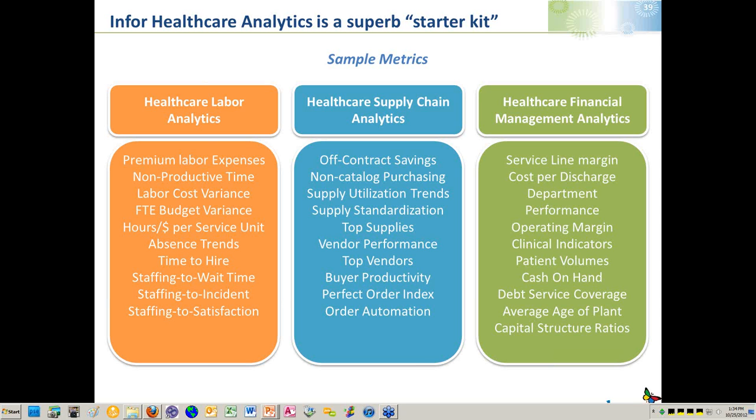So with the analytics for healthcare, we've pre-built over 300 indicators that we deliver in each of these different areas of finance, supply chain, and labor to be able to get you to walk, but it also supports the run model as well.